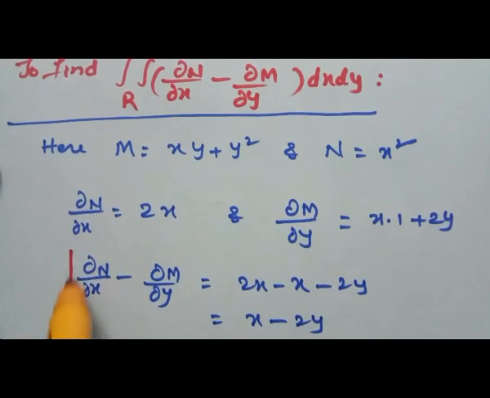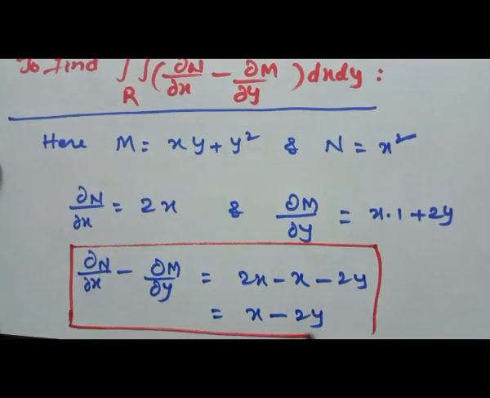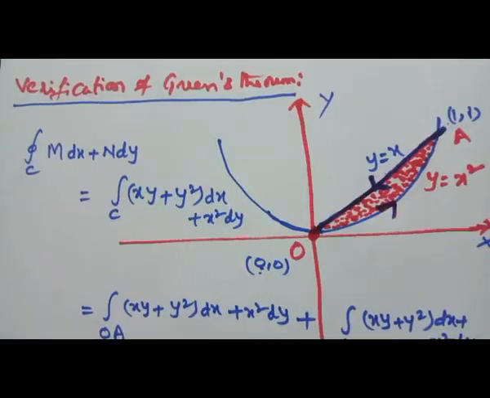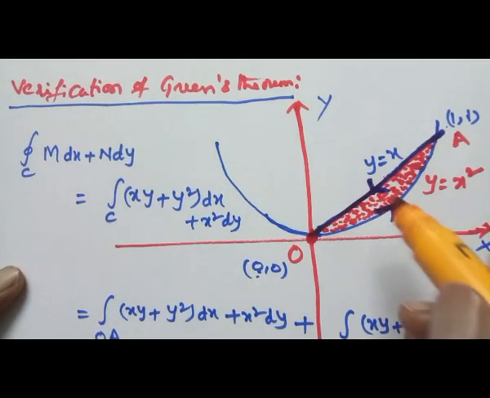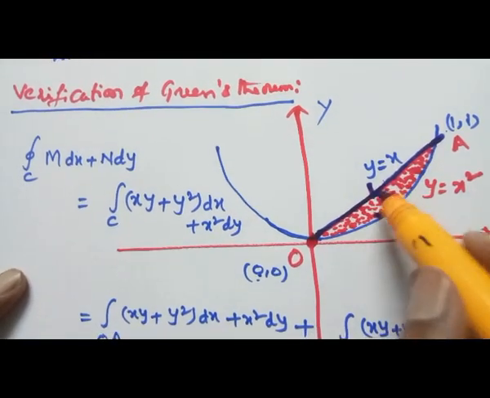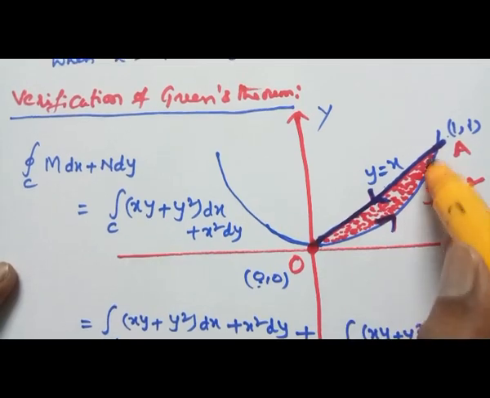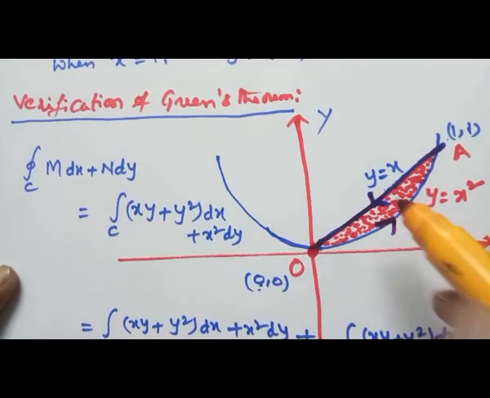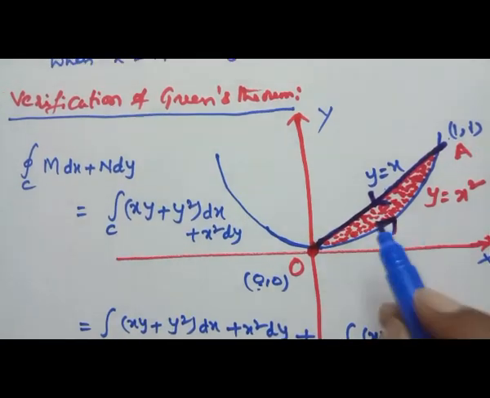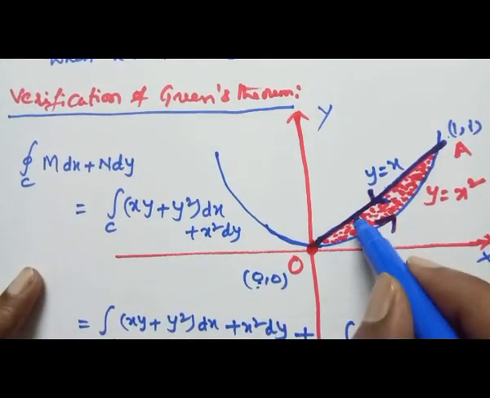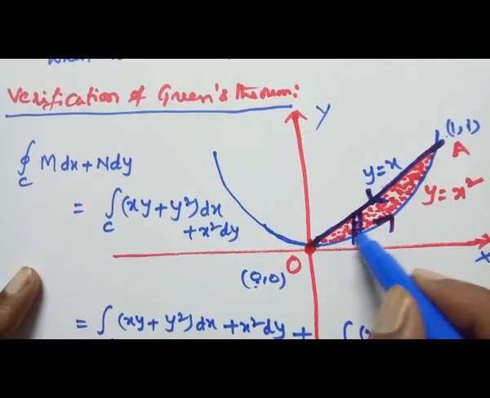In the double integration, what are the limits for x and y? We already explained this in multiple integrals, the process of evaluating the double integration. So this is the region in the xy plane. To cover this region, we are considering a vertical strip. You may consider either a vertical strip or a horizontal strip.